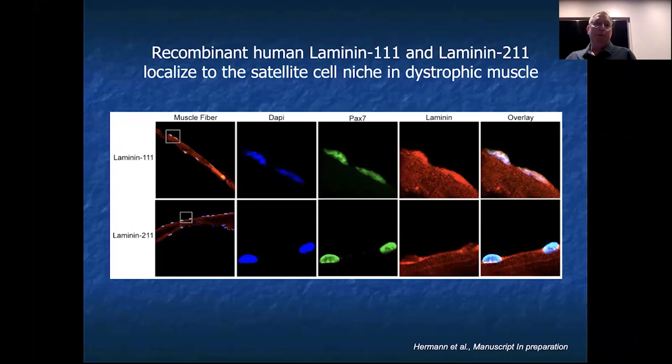So eventually we would exhaust our stem cells with 111. That's the difference we've noticed in our counts. So 111 seems to promote repair and not replenishment, while 211 promotes repair and replenishment. That's the difference we've found so far.